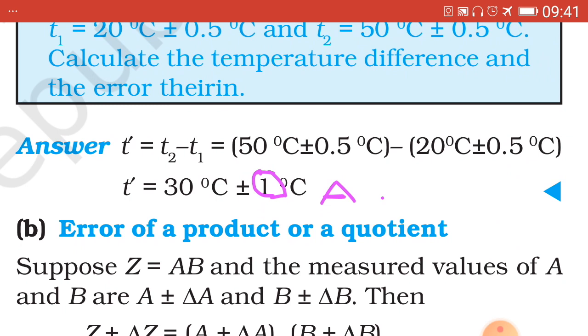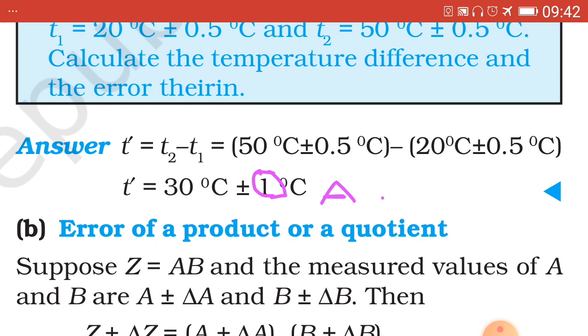The temperatures of two bodies measured by a thermometer are T1 equal to 20 degrees Celsius plus minus 0.5 degree centigrade, and T2 equal to 50 degrees centigrade plus minus 0.5 degree centigrade. Calculate the temperature difference and the error therein. Two things we have to calculate, temperature difference and the error therein. So the answer has to be written together.